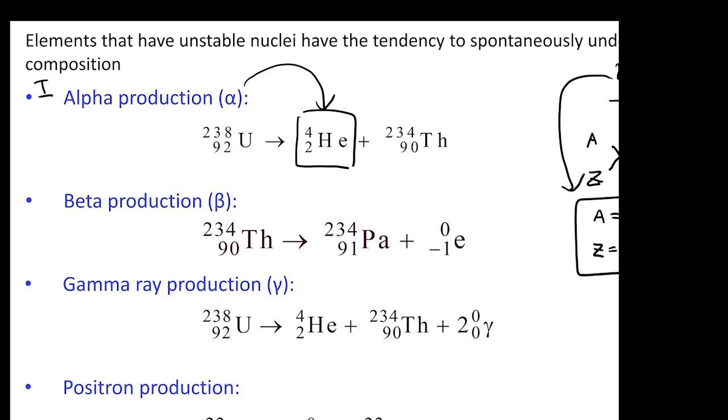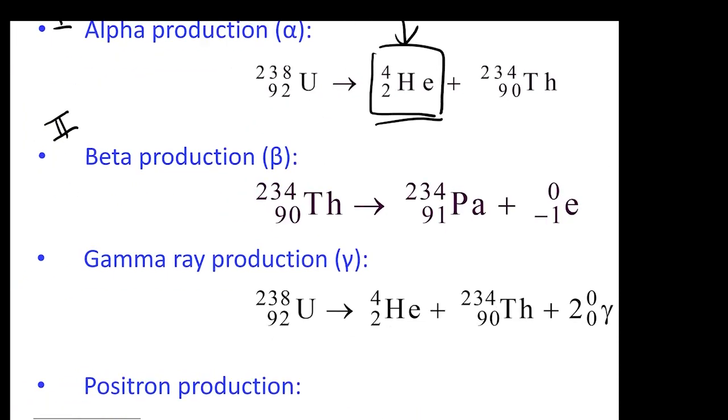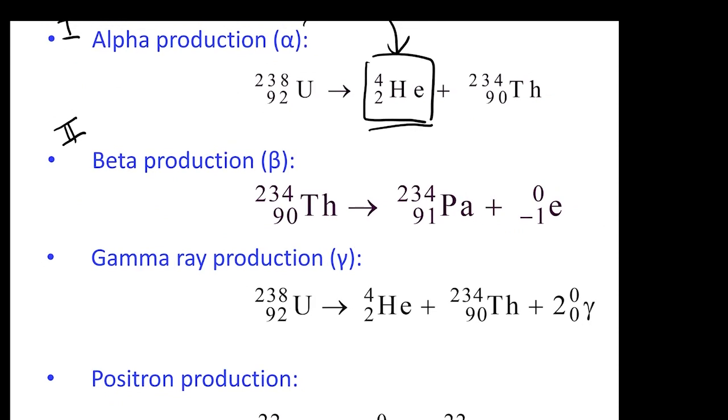So helium-4, this specific species, is the so-called alpha particle. This is something that you need to memorize. Every time you see one atom undergo alpha decay, that means on the product side, you're going to produce a helium-4 species.